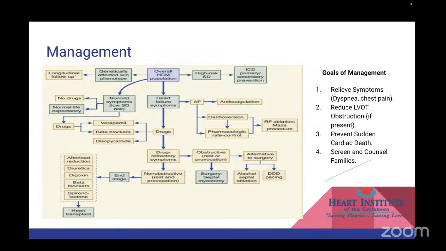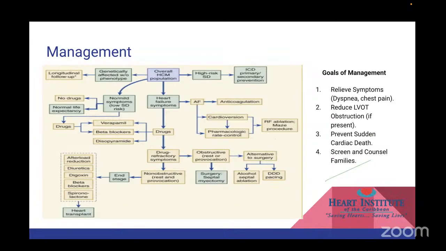What you don't want to do is give them a vasodilator, because as she talked about, anything that reduces the preload or anything that reduces the afterload will worsen the left ventricular outflow tract obstruction. So we don't want to give them the dihydropyridine calcium channel blocker.